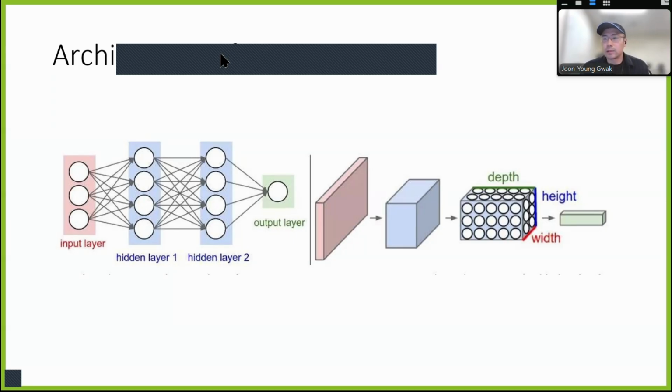So that explains why the width and the height of the second cube get smaller, and the expanded depth means that you understand more sophisticated features from the image, starting from the RGB.